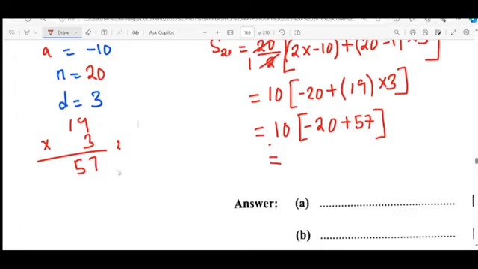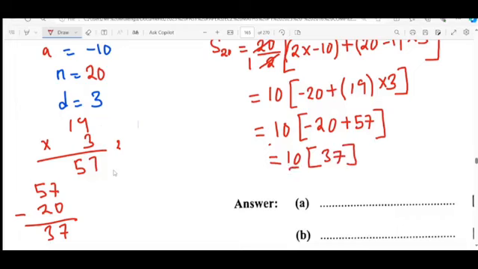So we have 10 right here, open square bracket. Negative 20 plus 57 means 57 minus 20. So 7, 5 minus 2 is 3, so this will give us 37.